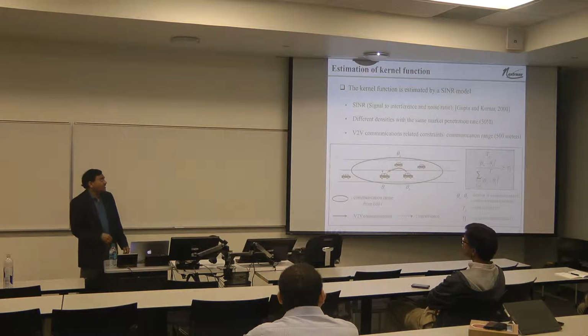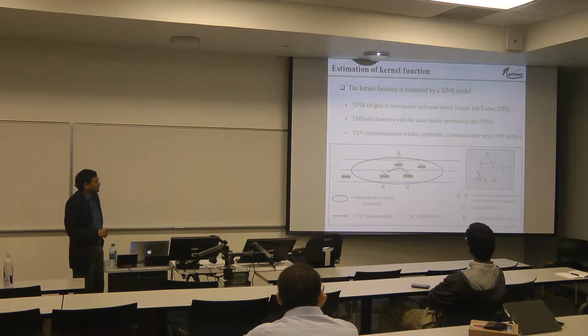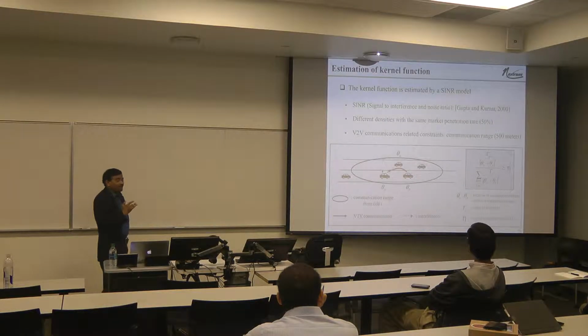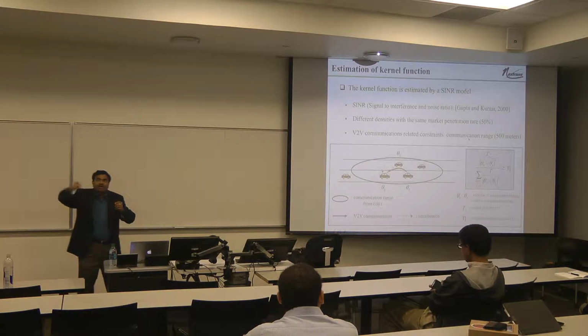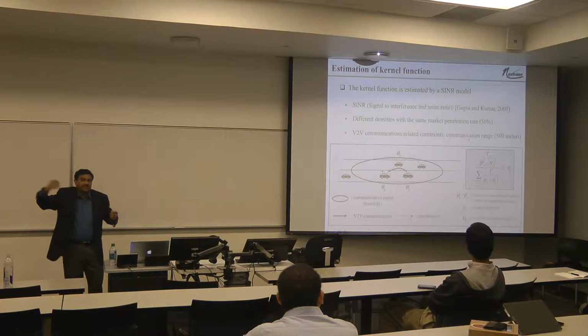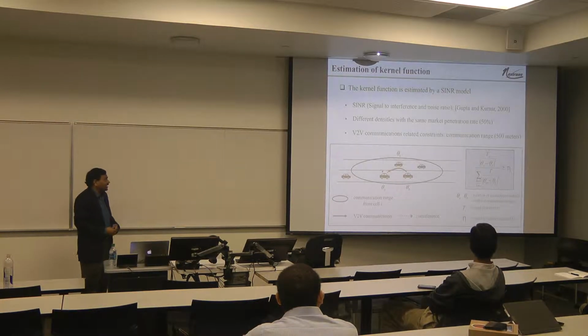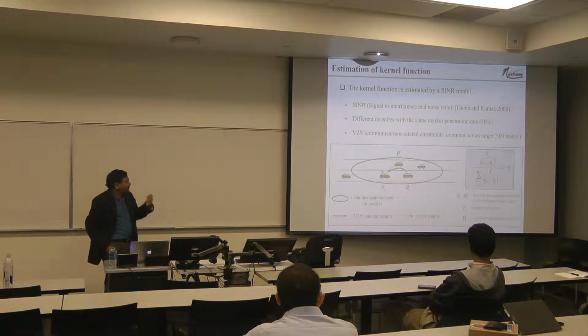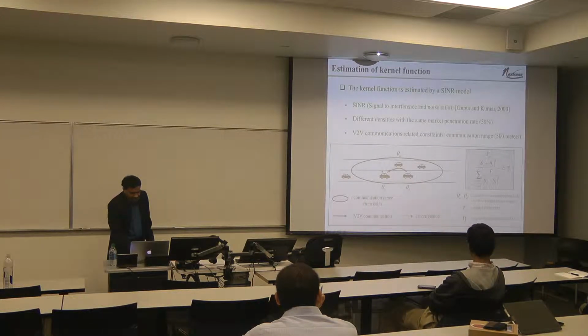We are actually doing experiments related to other market penetrations, so you'll see that with different market penetrations, you'll have different outcomes. The other thing is that typically the communication range, which means how far information can go, is 500 meters, which means outside that it cannot be transmitted. That comes directly from the constraints associated with communication. And what you see here is the equation associated with the interference.